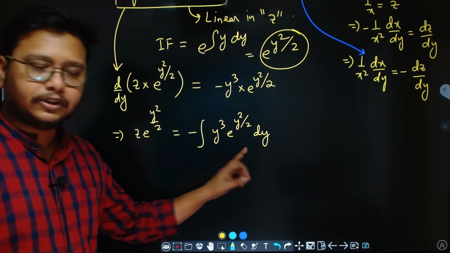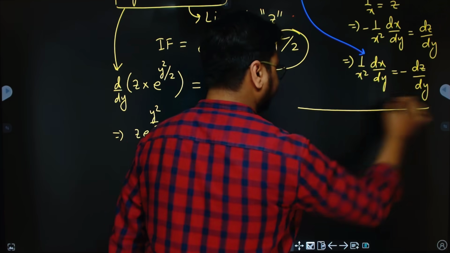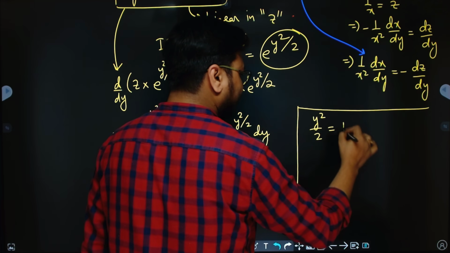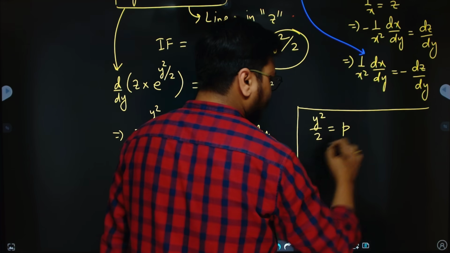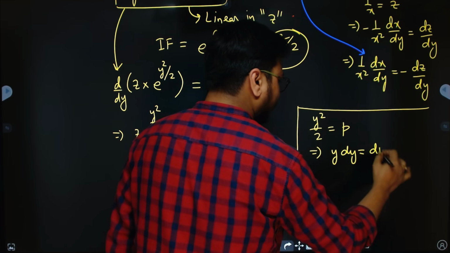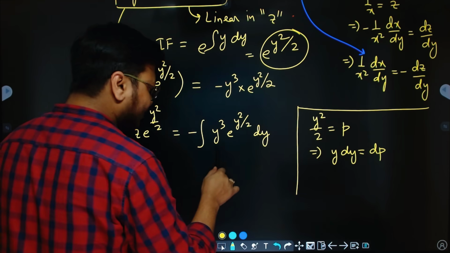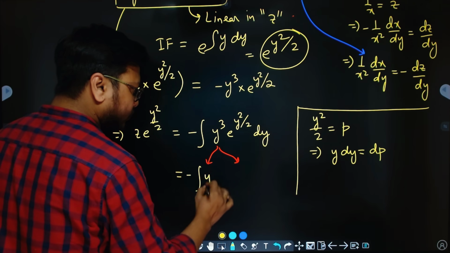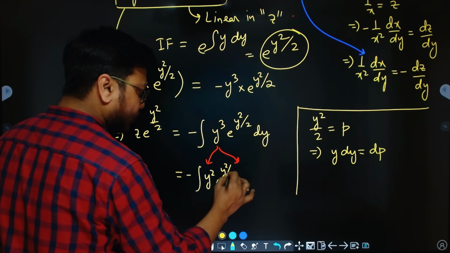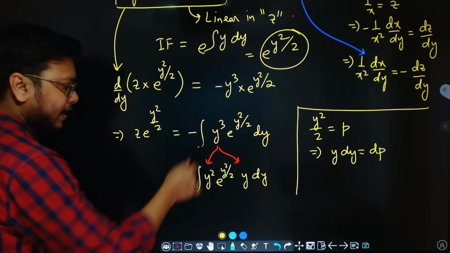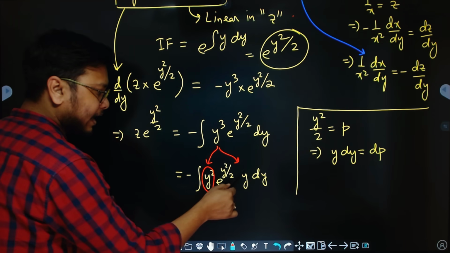Again, I need to do some substitution over here to make it simple. So I can take y square upon 2 as, let's say, p. So that would be y dy equals dp. So I can break this y cube as y square, e to the power y square upon 2, into y dy. So I've broken the y cube as y square and y.